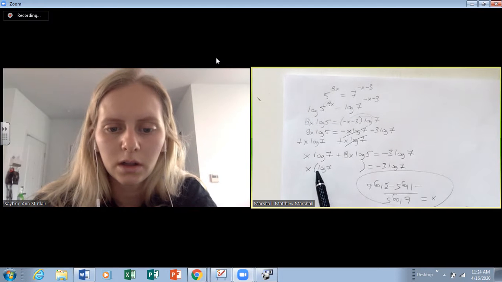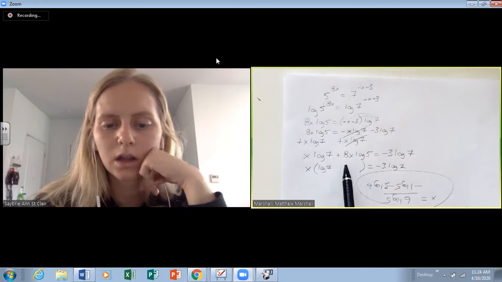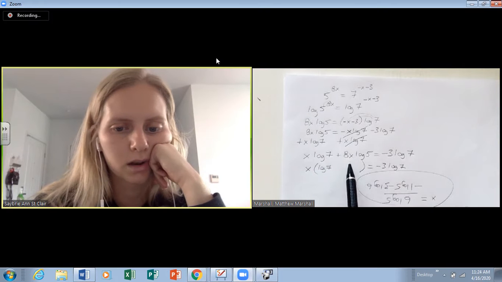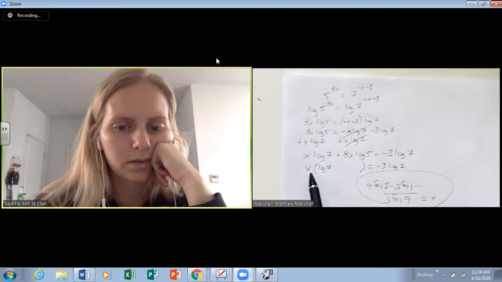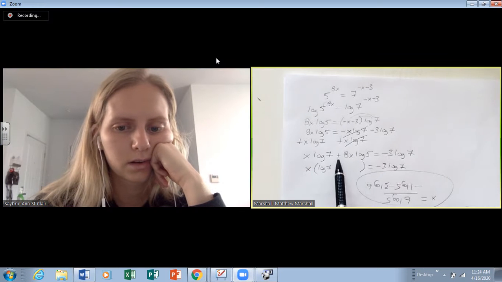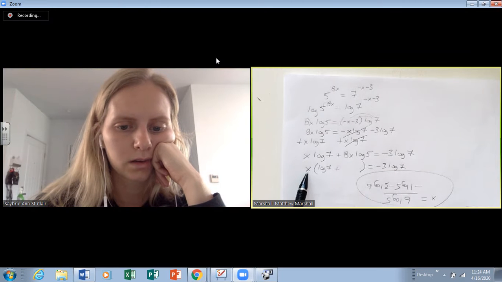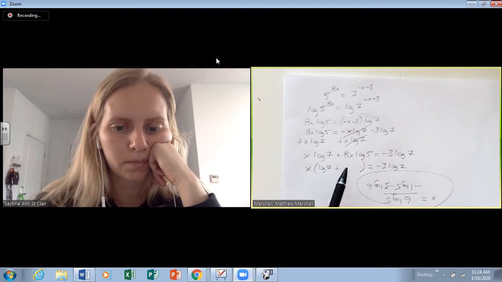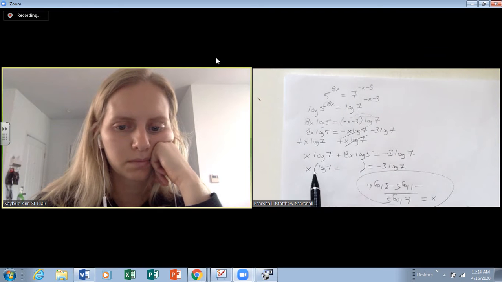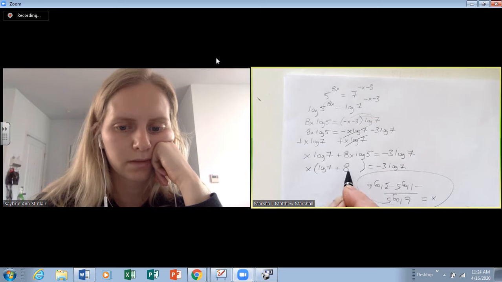Now the trickier one. No, it wouldn't be negative. Got an x already here. So with this x, what times this x would give me this 8x log 5? That's the key. So 8. What else? There you go.